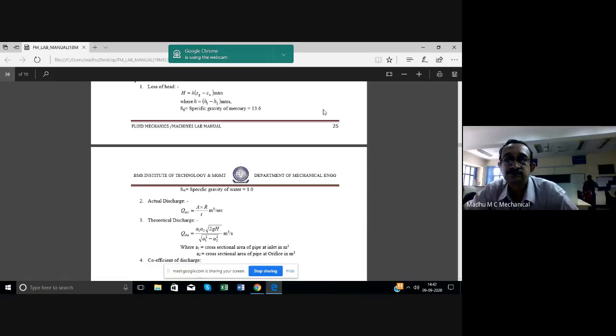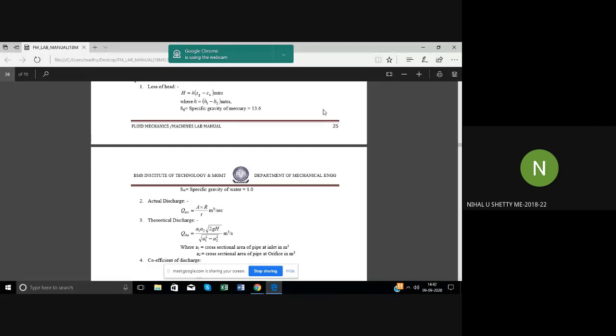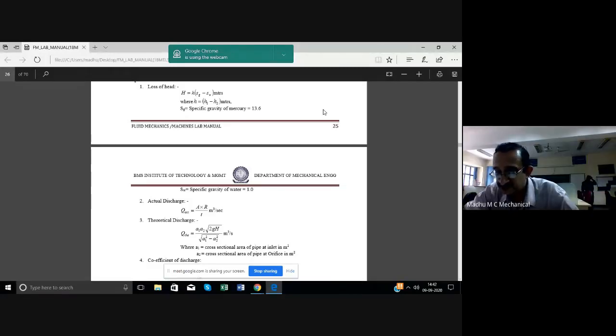Got it? That 5.3 is centimeter, not meter. So the first value of H is 0.667 meters.